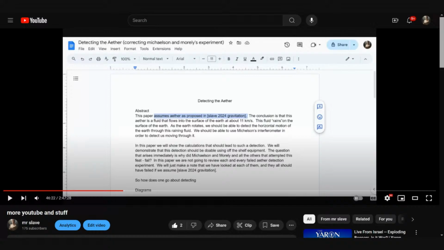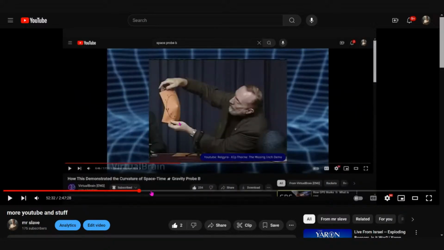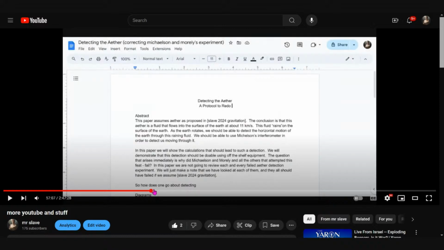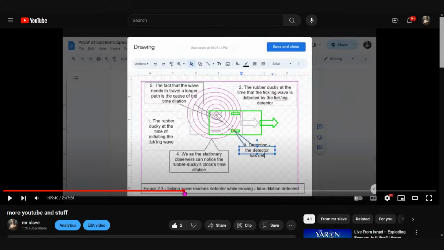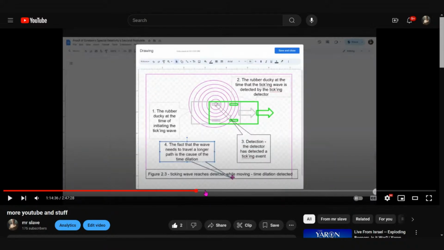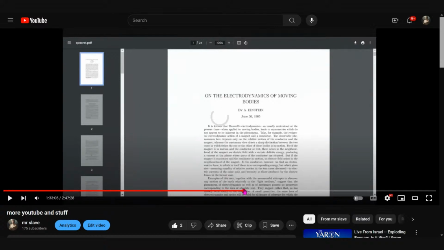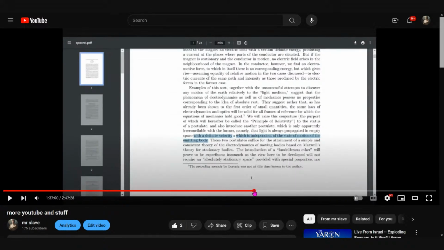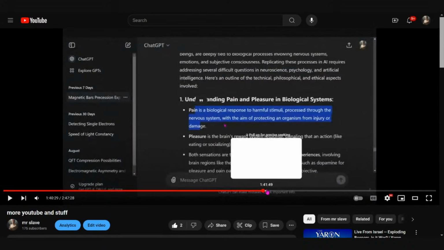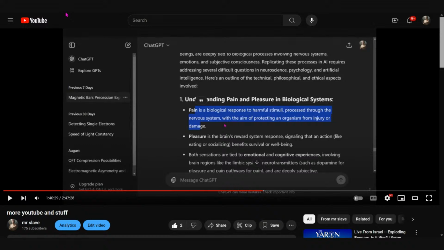Okay, what else did we do? We also wrote papers about the ether and detecting the ether. That's good, we made a little bit of progress. Then we read Einstein's paper. And then, basically halfway through, we went into brain research a little bit.